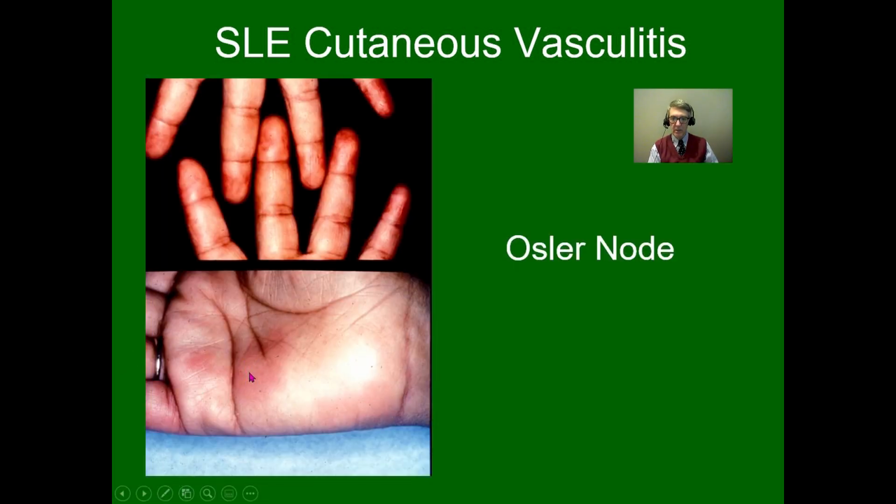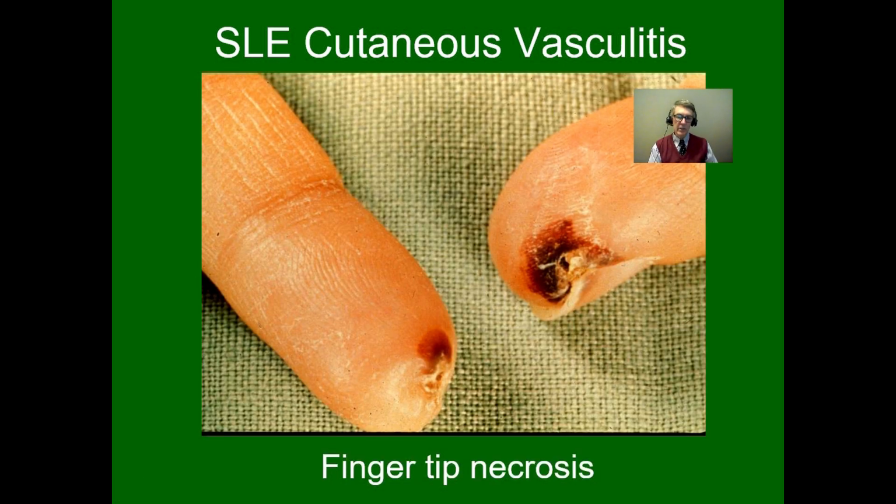Again, that can occur with vasculitis, or it can occur with bacterial endocarditis. And this is fingertip necrosis. This can occur because of vasculitis causing complete loss of blood supply to this tissue, and the skin dies. We call it skin infarction, such as myocardial infarction.